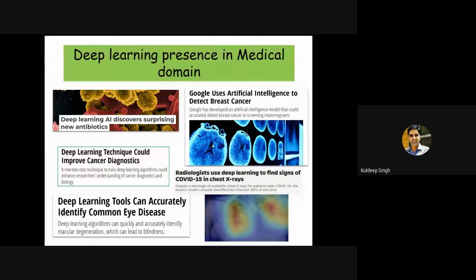Based on deep learning techniques, we can port our models on the cloud. I'll show you in my demonstrations where a trained model can be put on Google Colab on the cloud, and we are just using that cloud service. So it can help you in cancer diagnosis. Then deep learning tools can easily identify common eye diseases. So it has applications in multiple areas.